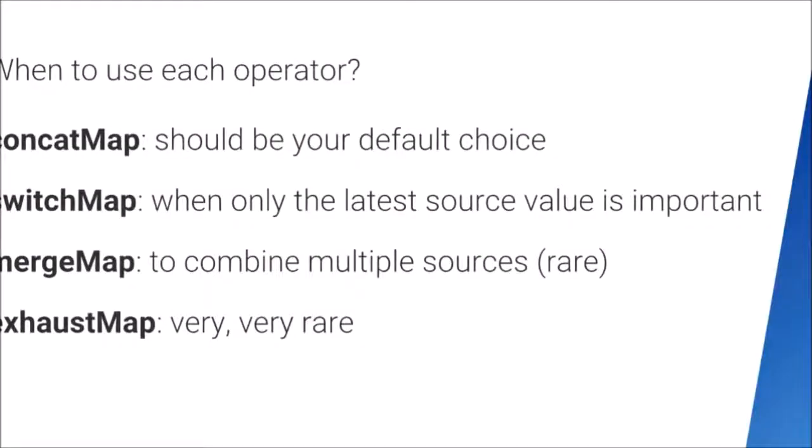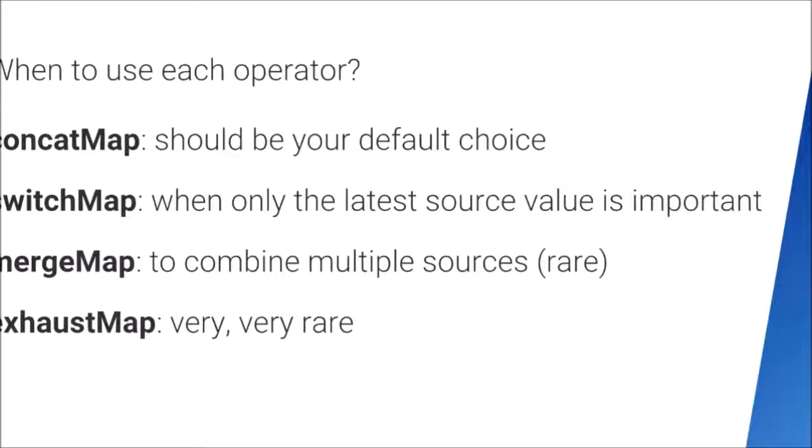But one mistake I see beginners in Rx make is they choose the same projection operator, and usually they pick merge map every time they want to do something asynchronous with an observable. And in fact, merge map is a pretty poor choice. I would argue that concat map should be your default asynchronous operator if you're going to use one of them. And why is that?